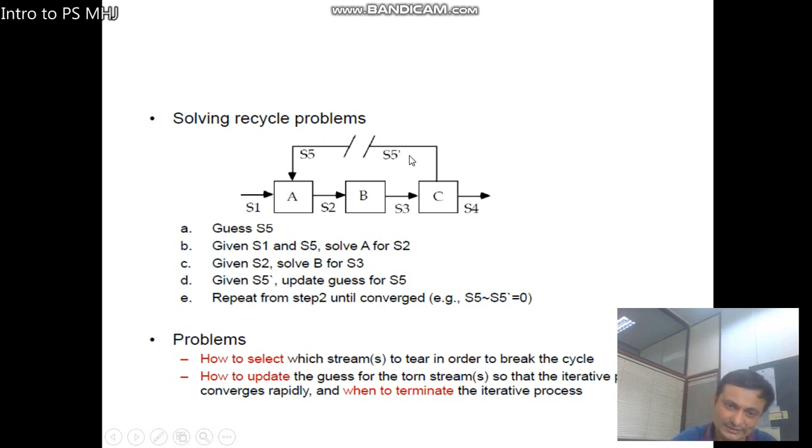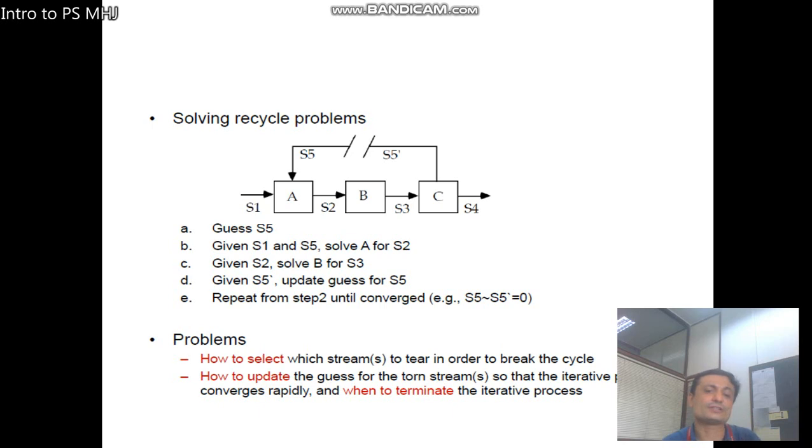You come up with S5 dash, and S5 dash is different from S5. How do you update S5? Because updating means updating temperature, pressure, composition and flow. And third, what is the terminal criterion? What is the criterion at which you will say that this is where it needs to be stopped, and the flow sheet is considered to be converged? These are the things which we are going to study.